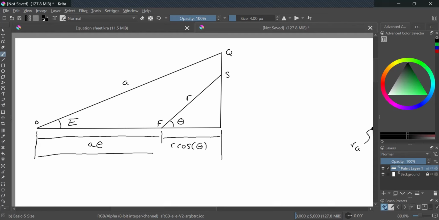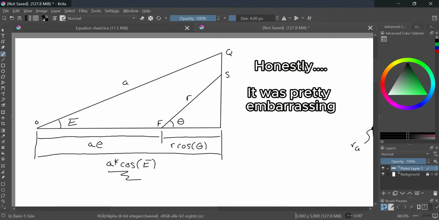And the two of them combined is going to be equal to the semi-major axis projected down. So A times the cosine of our eccentric anomaly angle. And you would not believe how many takes I had to do in order to realize that I was accidentally writing the arc cosine of the eccentric anomaly angle. Don't do that. That's wrong. Learn from my mistakes.